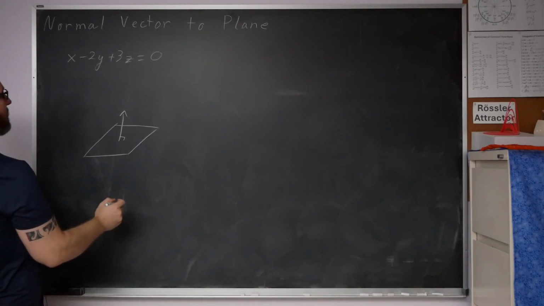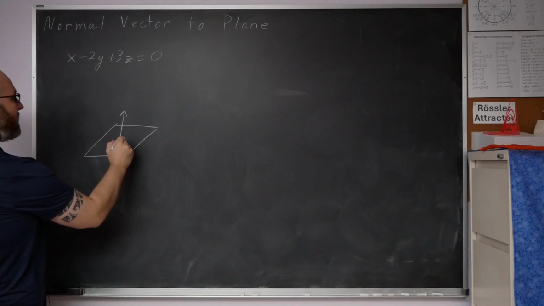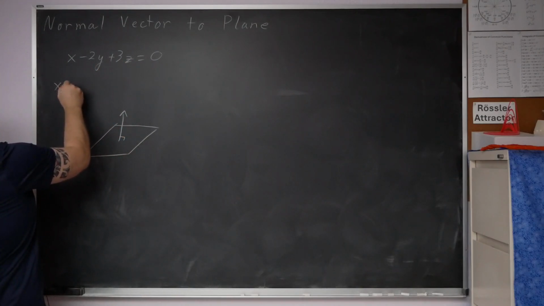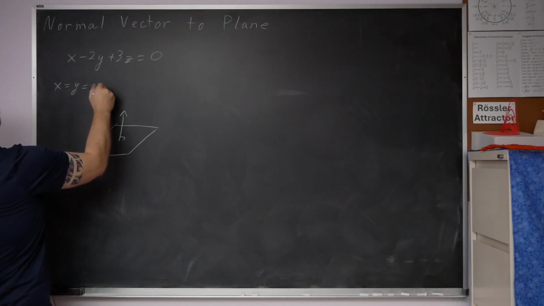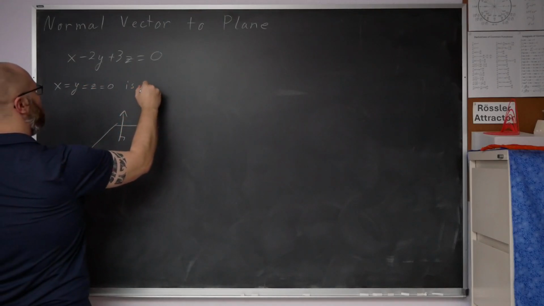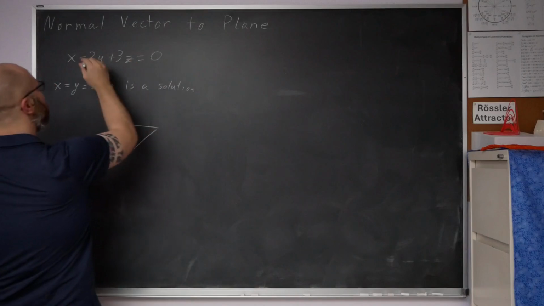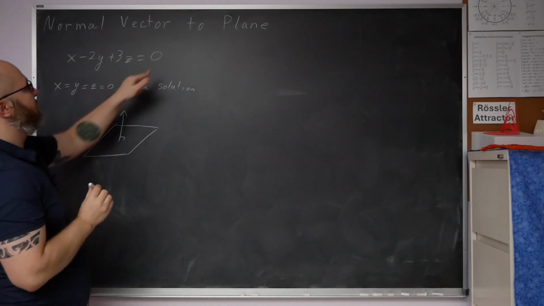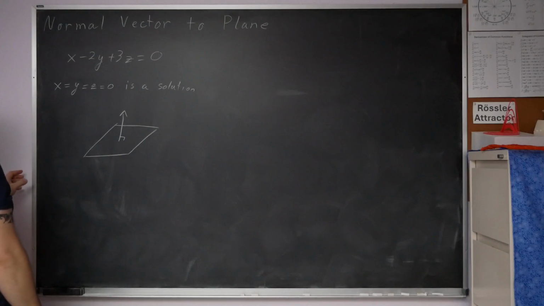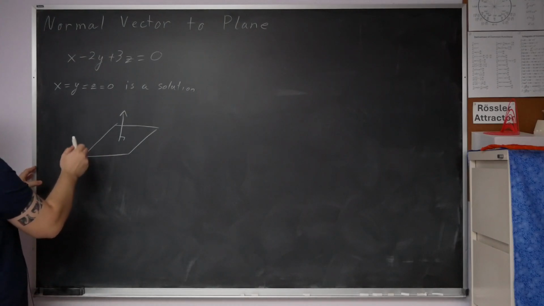The first thing is x equals y equals z equals 0 is a solution. This particular plane is going through the origin because we have this equals 0. But let's say we have two more solutions.